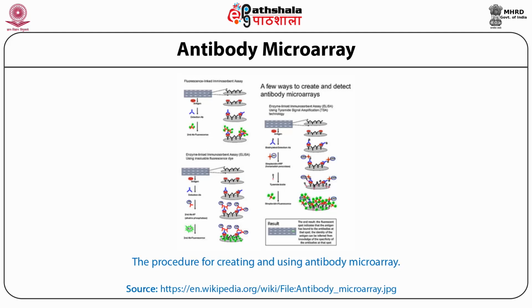After this, washing is carried out to remove the unbound antigen or the other components of the cell lysate. After this, a detection antibody is added, which binds to the target antigen. Now, in order to detect this, a secondary antibody, which is fluorescently labeled, is added. This binds to a specific epitope on the detection antibody, and upon excitation with a laser light gives the appropriate fluorescence, which is subsequently detected.